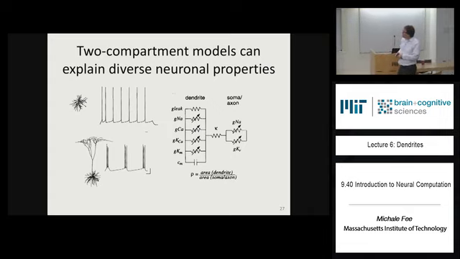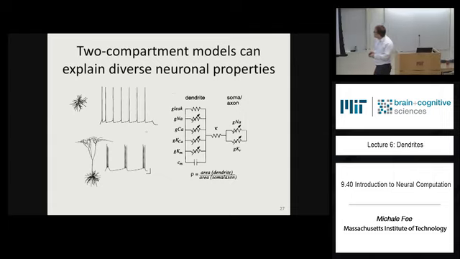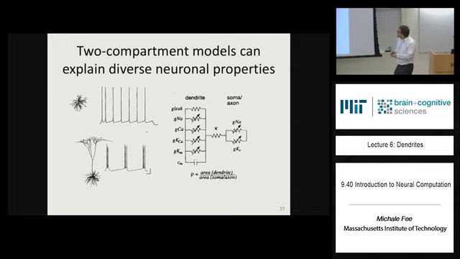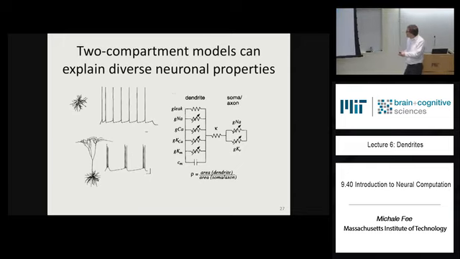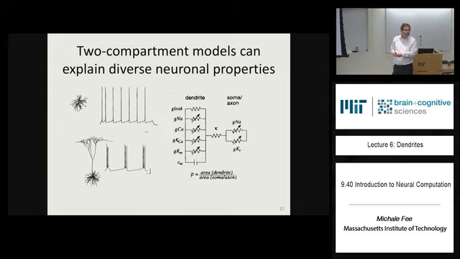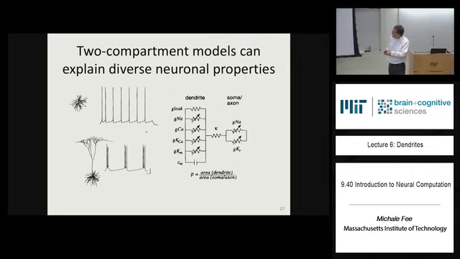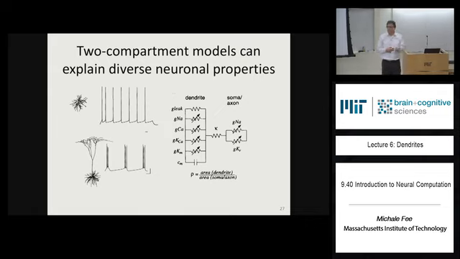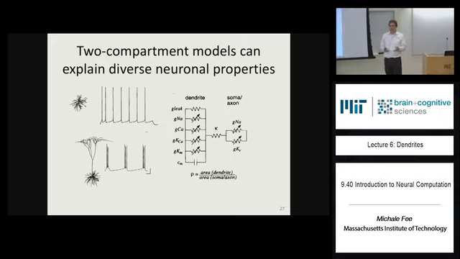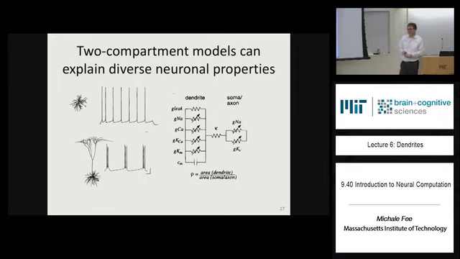And what you find is that if you have the same conductances in the dendrite and in the soma, but you simply increase the total area of this compartment, just increase the total capacitance and conductances, that would model a layer 5 neuron that has one of these very large dendrites. You can see that the spiking behavior of that neuron just totally changes. And that's exactly what the spiking behavior of layer 5 neurons looks like.